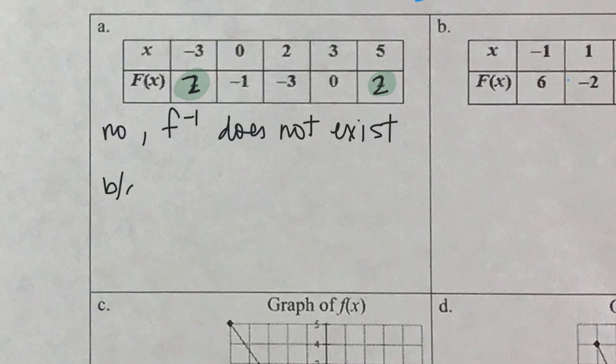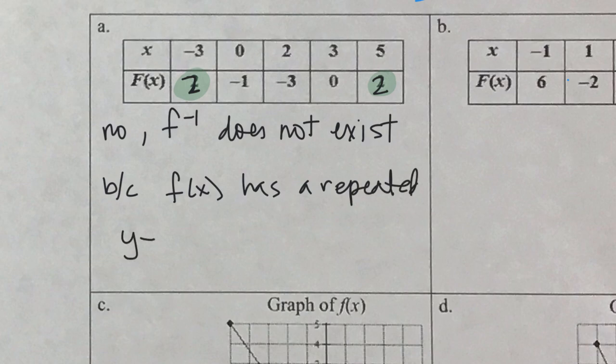And why does f inverse not exist? Because f of x has a repeated y value. That was our determination from a couple of minutes ago, that if we had repeated y values, then our function was not one-to-one.